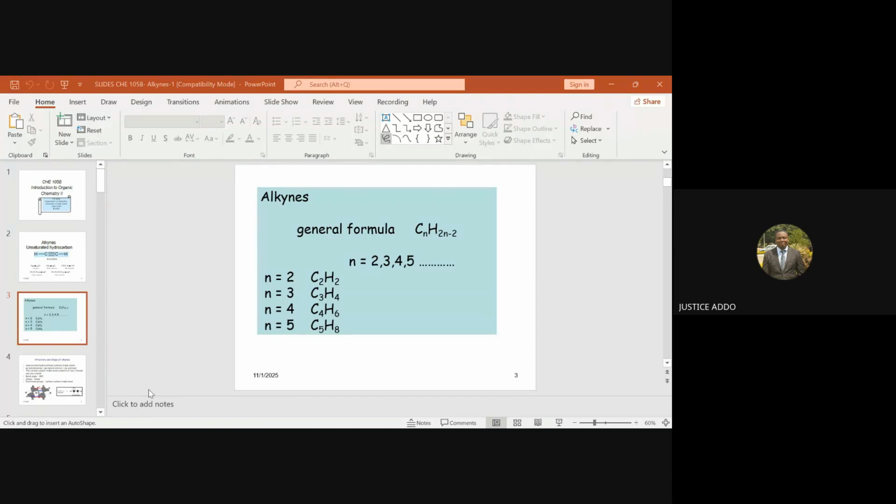What about if n is 20? C20H38. Lastly, what about if n is 1000? C1000H998. Yes, C1000H998.